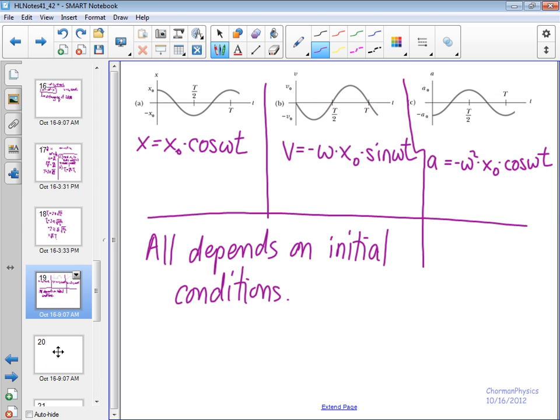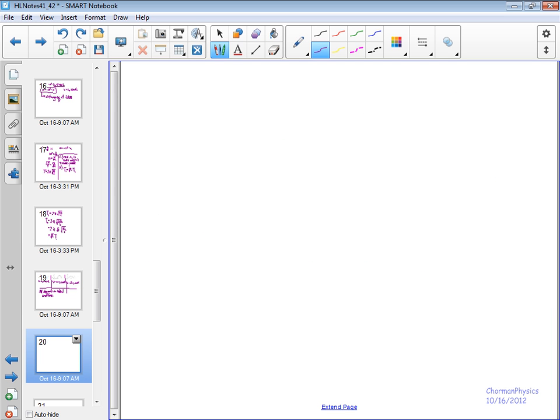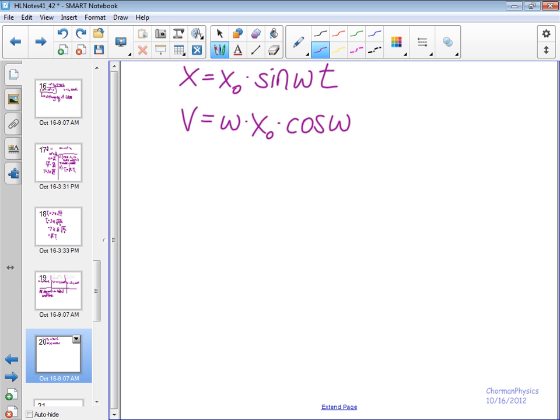I believe there's one extra section here that I have not covered. It's the alternate velocity function. So let me do that very quickly here. Consider that if our displacement function looks like this, then our velocity function will look like this.